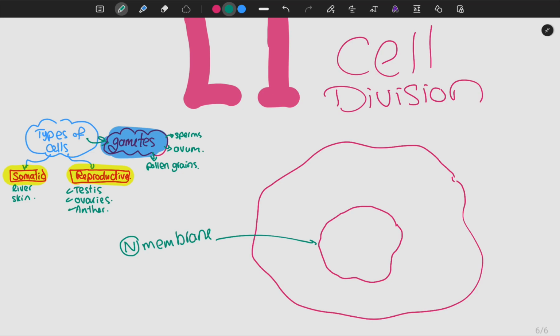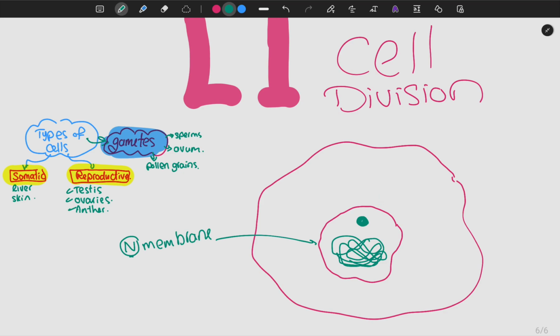Inside the nucleus we have two main components. The first one is the nucleolus, and we also have some thread-like shapes called chromatid reticulum. So we have the nucleolus and chromatid reticulum inside the nucleus, which is surrounded by the nucleus membrane.